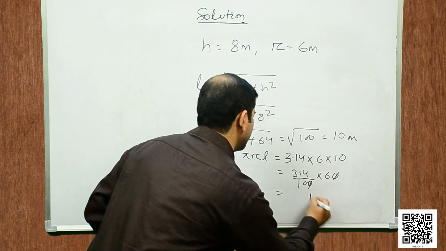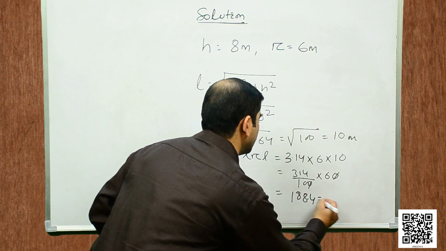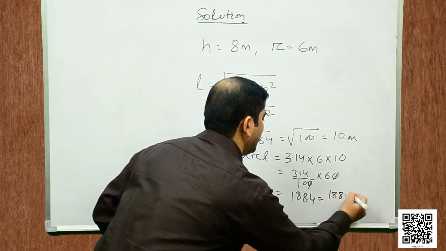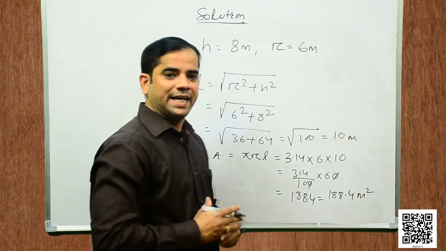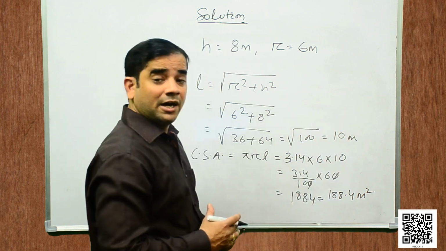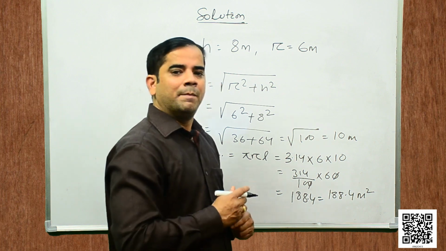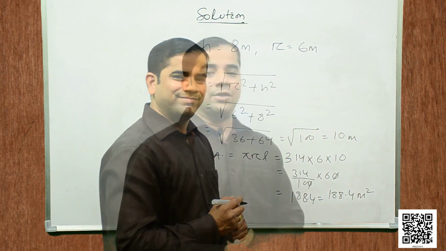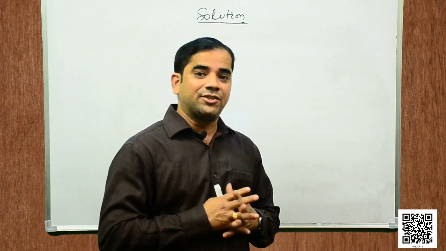That is 188.4 meter square. So, curved surface area of the cone is 188.4 meter square. Okay. Students, area of the tent is equal to area of the tarpaulin sheet.